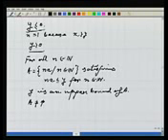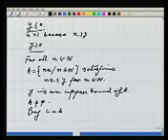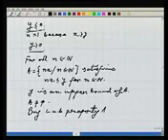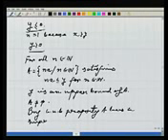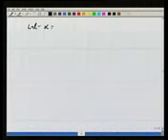Then by the least upper bound property, A must have a supremum. By the LUB property, equivalently the completeness axiom, A has a supremum. Well, I denote the supremum by alpha, let us say. Let alpha be the supremum of A.